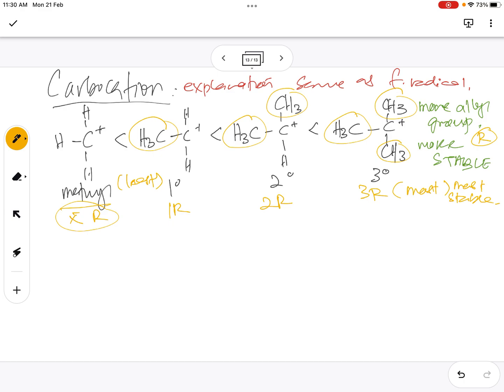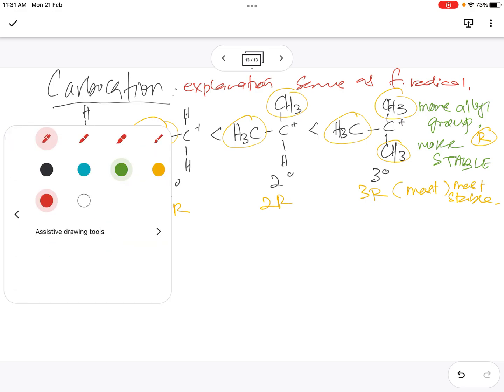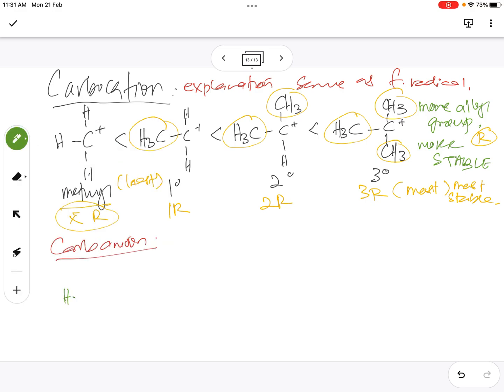Okay, all right, then we go to the third type of intermediate species, carbanion. Carbanion dia opposite to carbocation, terbalikkan semua tu. That means dia akan jadi macam ni lah. H3C negative, more stable. H3C, CH2 negative, more stable.